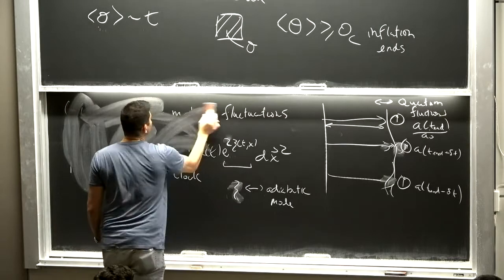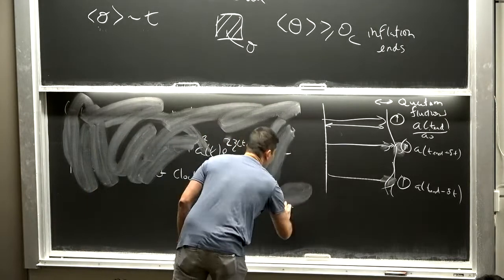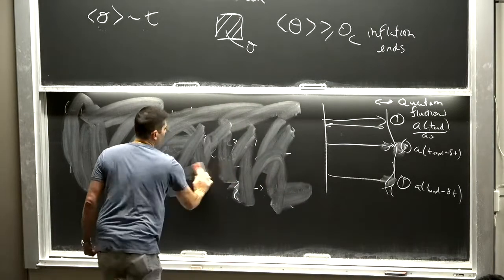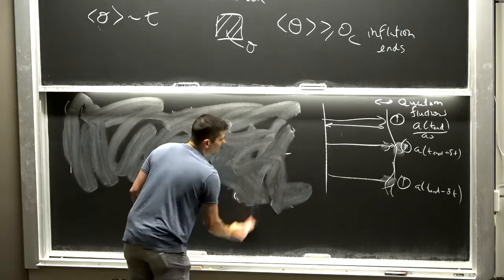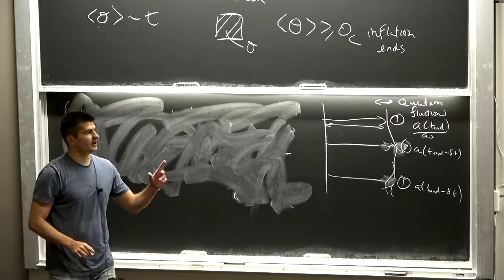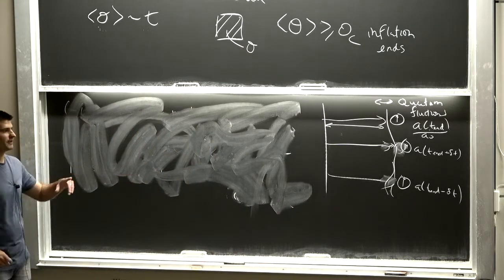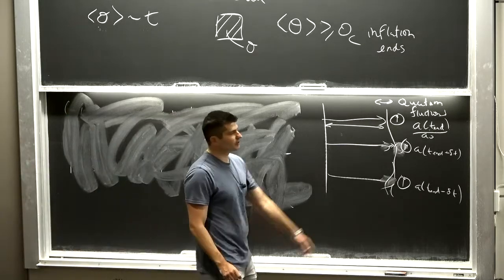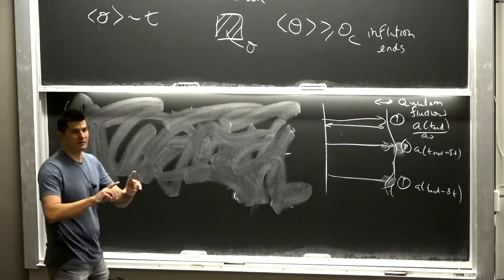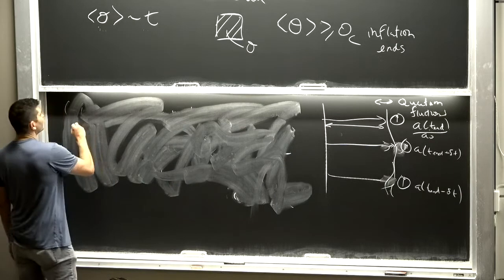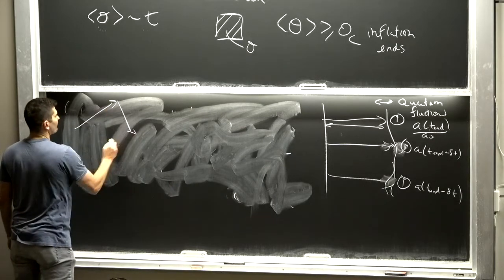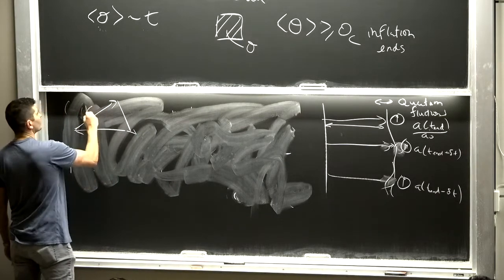OK, so the reason I didn't put arrows on top of that B is because the momentum conserving delta function tells you that all of the information about this correlation function can be reduced to the length of the 3 vectors. Specifically, momentum conservation tells you you have 3 momenta that form a closed triangle.